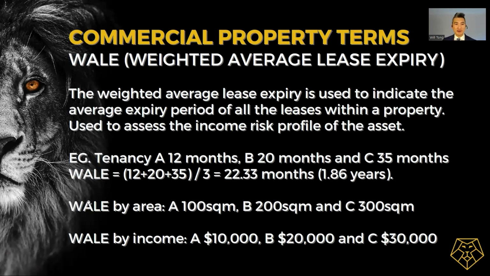Now, you can also calculate WALE by lettable area, and you can also calculate WALE by income as well. Which would then give you an indication of how many square meters inside my building is up for expiry, and also in terms of income as well.